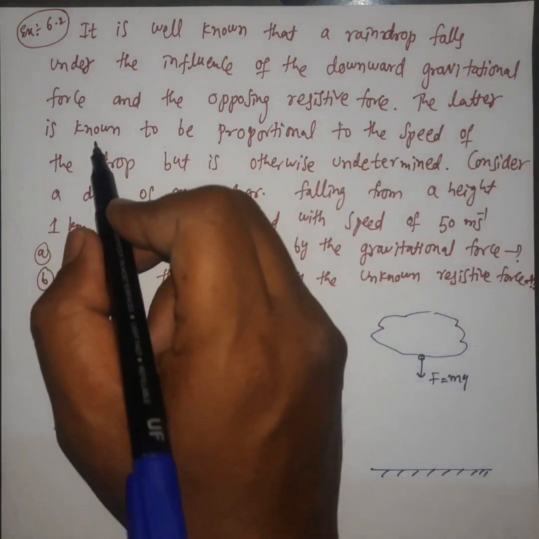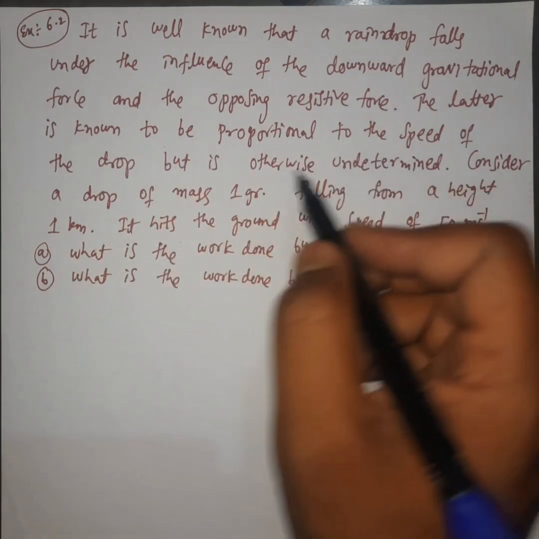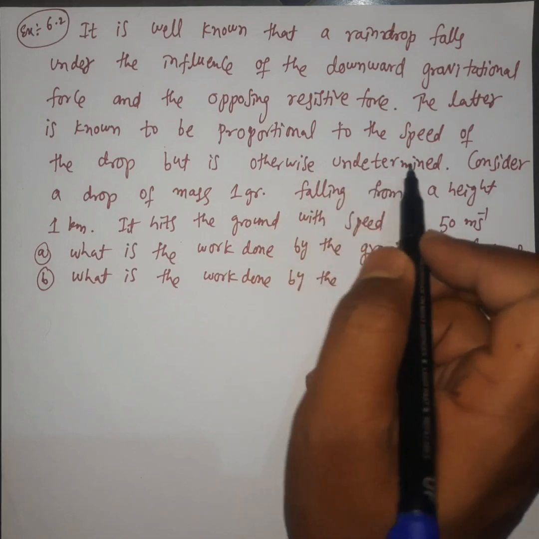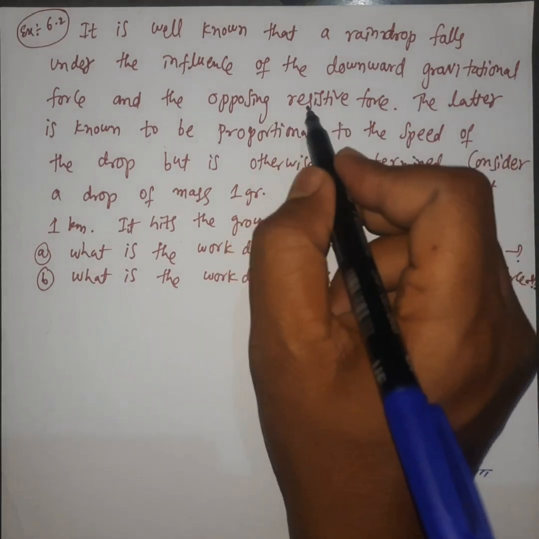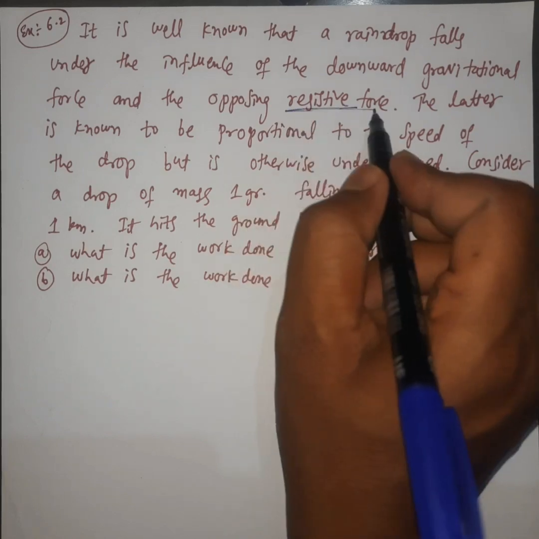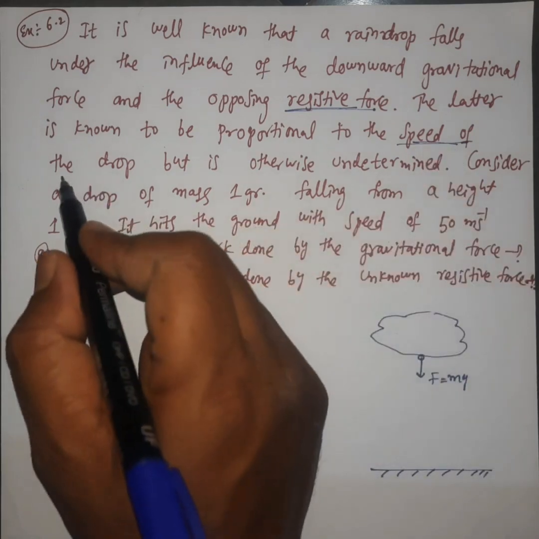The latter is known to be proportional to the speed of the drop, but it is otherwise undetermined. So this opposing resistive force is proportional to the speed of the raindrop.